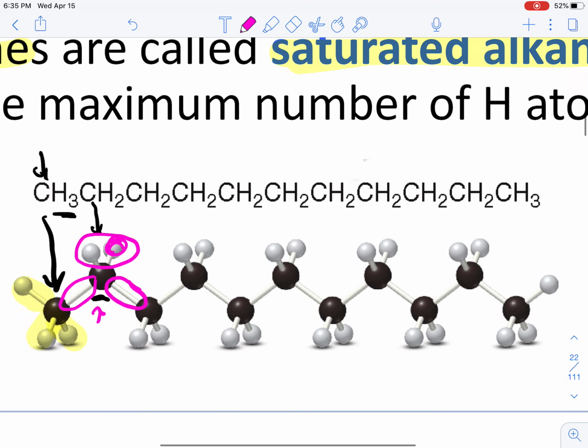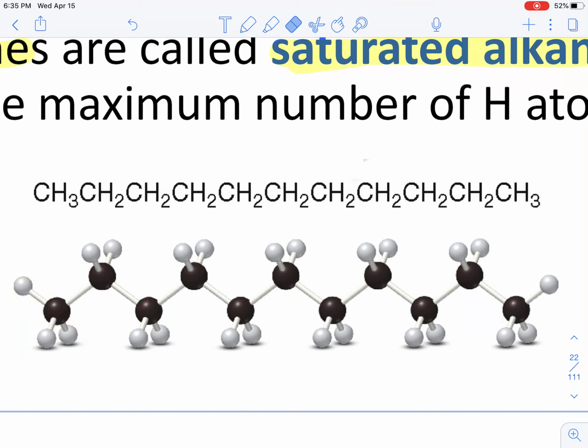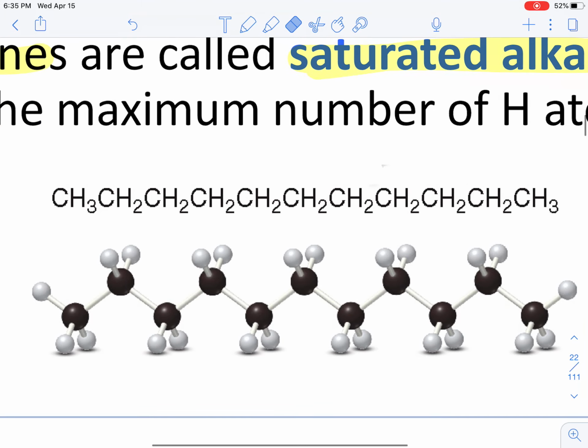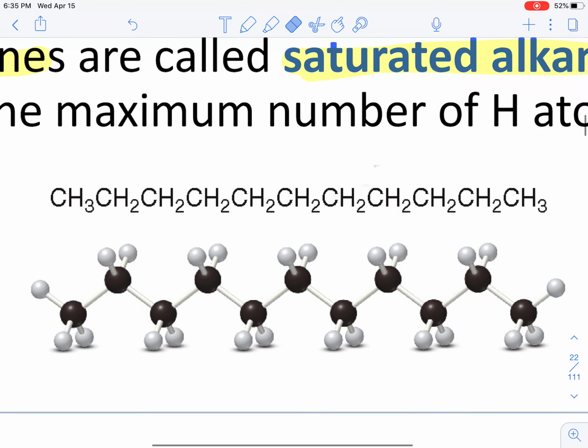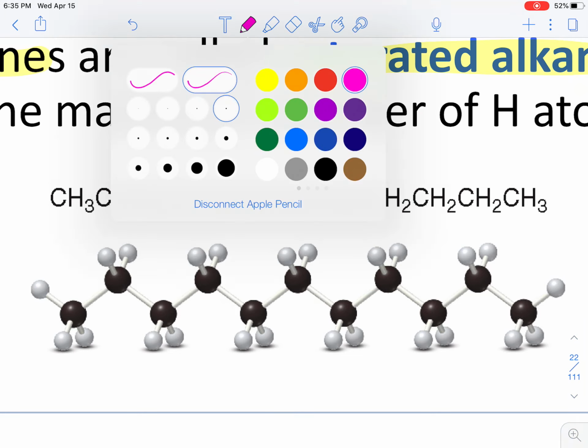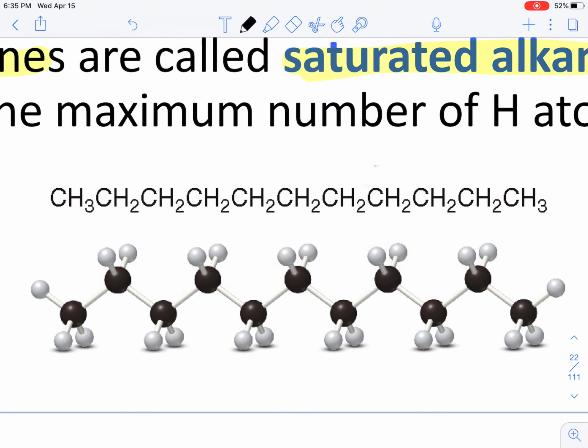Okay. Now, earlier I mentioned that these alkanes are nonpolar. And so if you recall from general chemistry, polarity can be described in a couple ways.